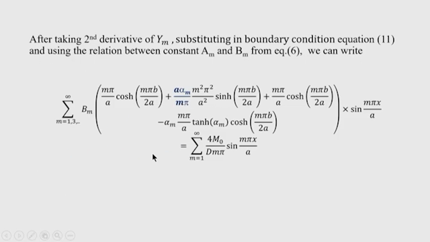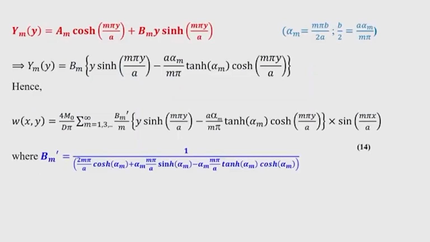Okay. So, now the solution can be written in terms of B m, because only one constant is required, because A m is now expressed in terms of B m. Okay. So, we get this function as the solution of the homogeneous differential equation for this plate equation, the homogeneous differential equation that resulted after substitution of the Levy's series in the partial differential equation.